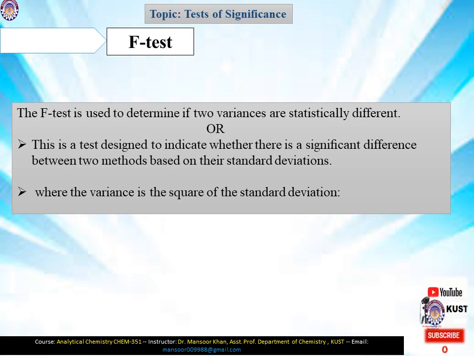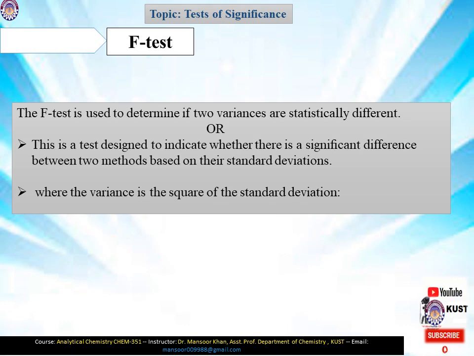As we can say, the test of significance is used to decide whether the developed method is significant or non-significant. That's why they are called tests of significance. So in the F-test we compare the variances of the two methods.